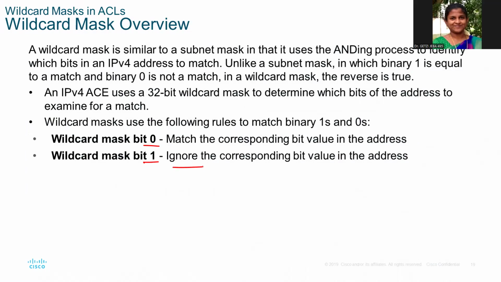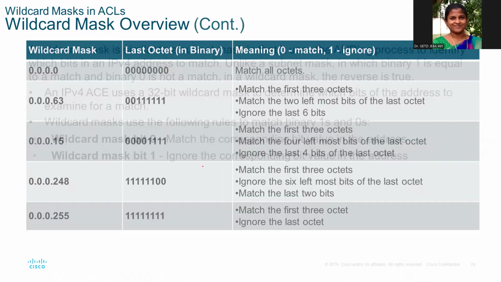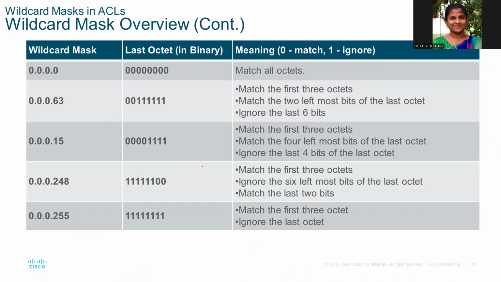Let's see some examples. 0.0.0.0 means match all the octets. 0.0.0.63 means match the first three octets, and you ignore the last 6 bits, because 1 means ignore. And here you have to ignore all the bits.